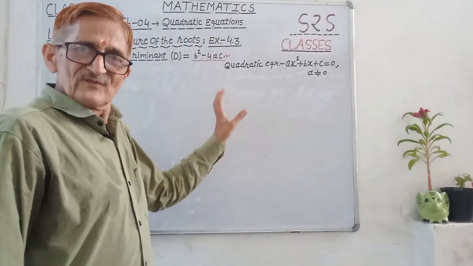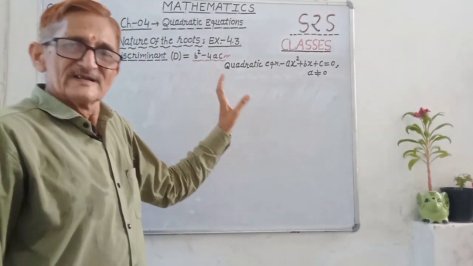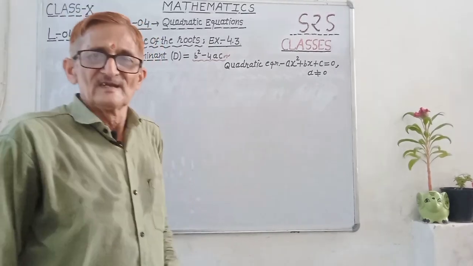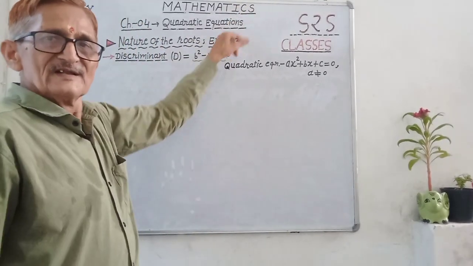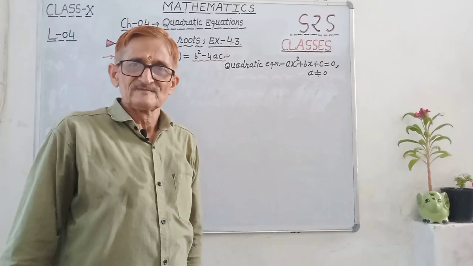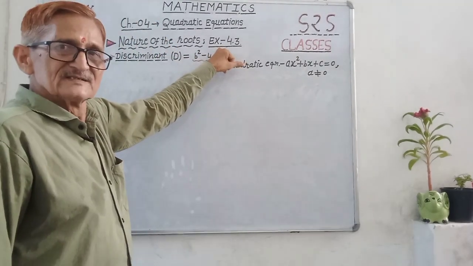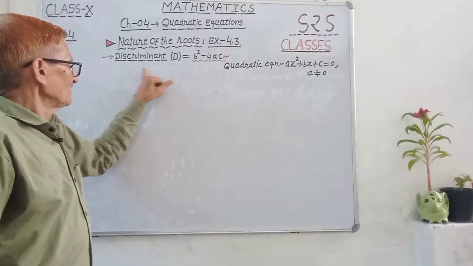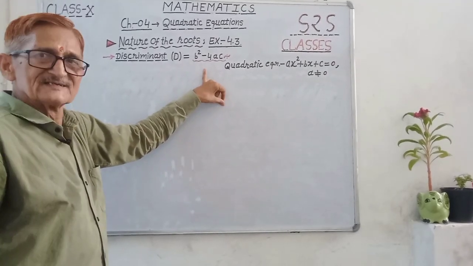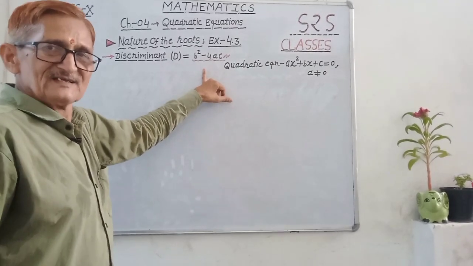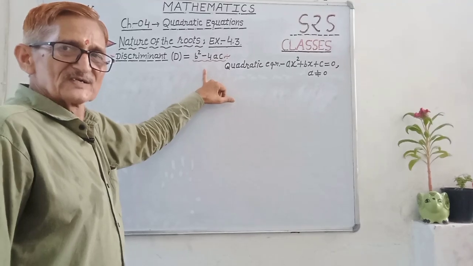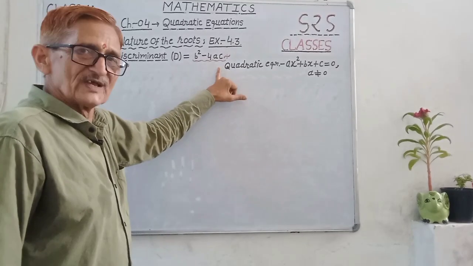Now the forward new point in the quadratic equation is the nature of the roots and what is discriminant. Discriminant D is represented by b square minus 4ac.